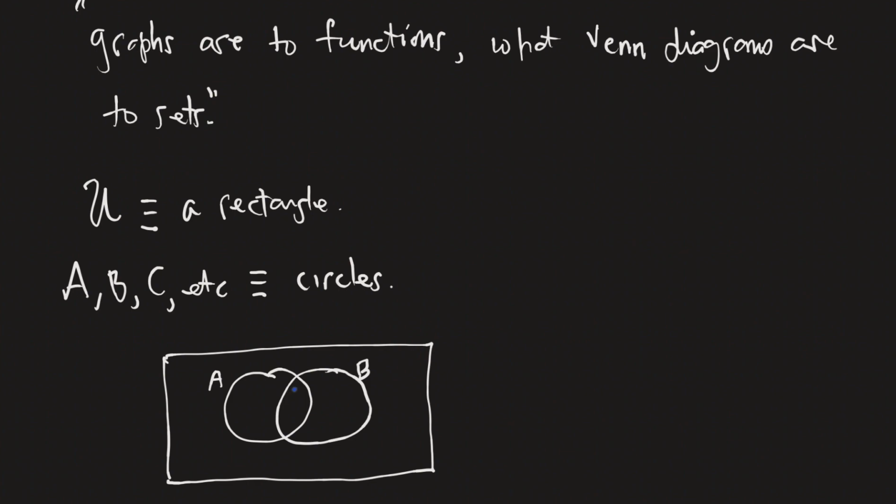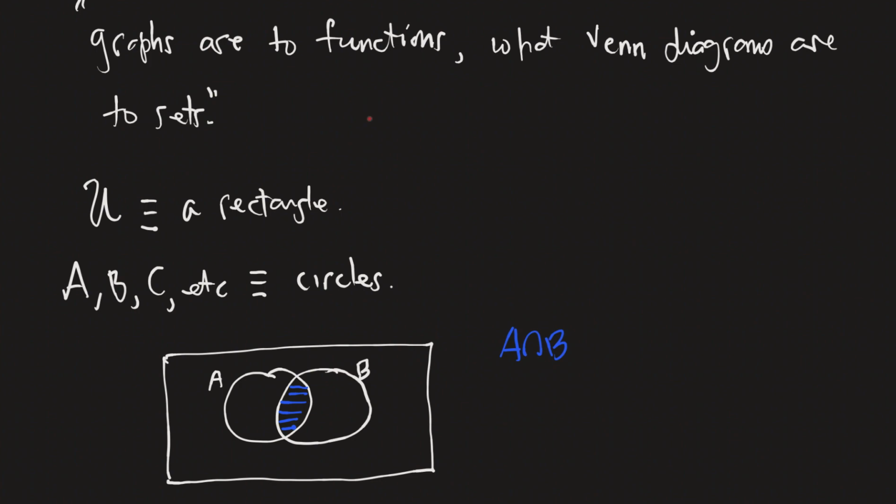If I wanted to graphically represent the intersection between these two sets A and B, it would be the region where they're overlapping, right? So that would be A intersect B.